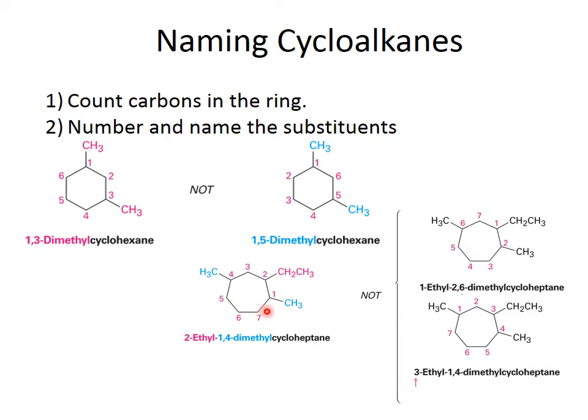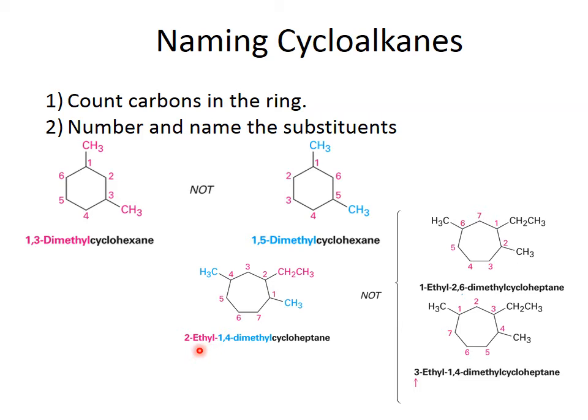Likewise, if I go down here, I could number 1, 2, 3, 4, or I could do 1, 2, 3, 4, 5, 6, or I could do 1, 2, 3, 4, 5, 6, 7. All those would give you higher numbers. This gives me the lowest set of numbers for the substituents, so I'm going to call this 2-ethyl, notice 2 carbons, and then 1,4-dimethyl cycloheptane, because there's 7 carbons in there.